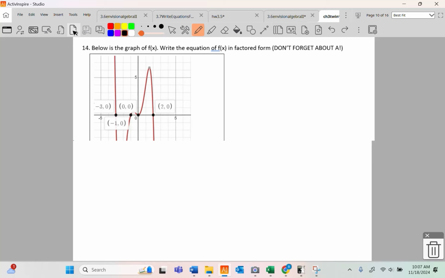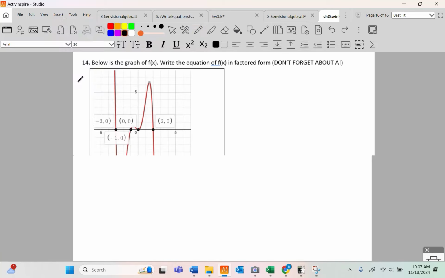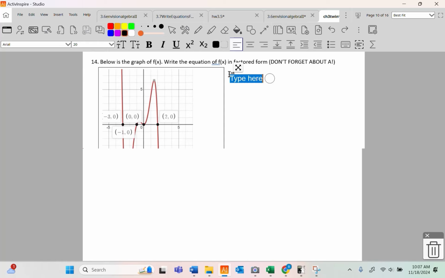Below is a graph of f of x. Write the equation of f of x in factored form. And there's a lot more to this. This is a multi-part question. So one of the things will be end behavior. End behavior is kind of where it is. Like, how is this thing behaving?